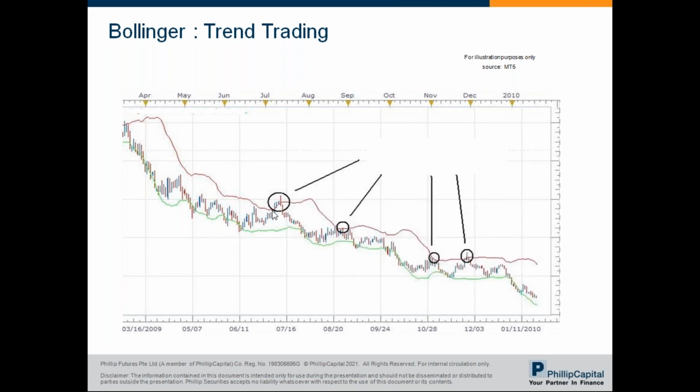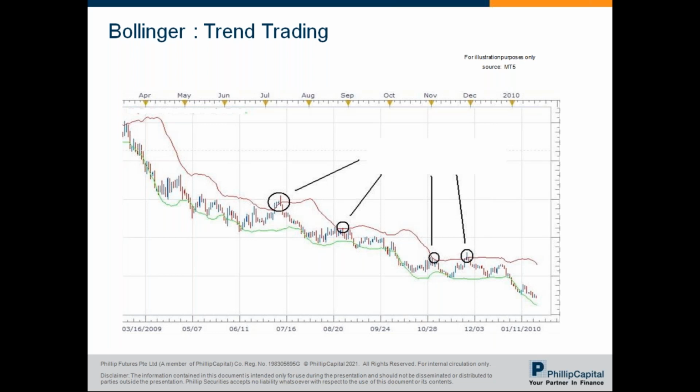Right. So in the Bollinger Band, you can see the red line above is the upper Bollinger Band, and the lower green line is the lower Bollinger Band. The upper Bollinger Band in this illustration is seen as a gauge of resistance. It provides the resistance area where prices fail to recover or rise any higher. You can see on the chart that they tried about 4 times to break above this resistance level.